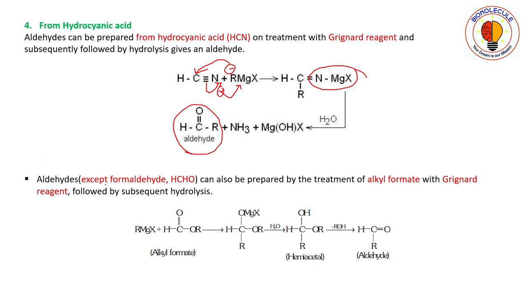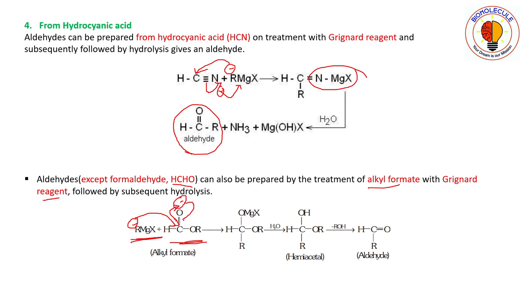Now aldehydes except formaldehyde, that is HCHO, can also be prepared by the treatment of alkyl formate with a Grignard reagent, followed by subsequent hydrolysis. So this is the Grignard reagent RMgX, and this is the alkyl formate. The negative charge will go and attack here, the oxygen carbon double bond will become a carbon single bond, and the oxygen will bear a negative charge.